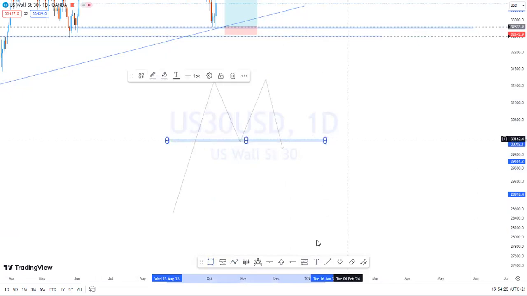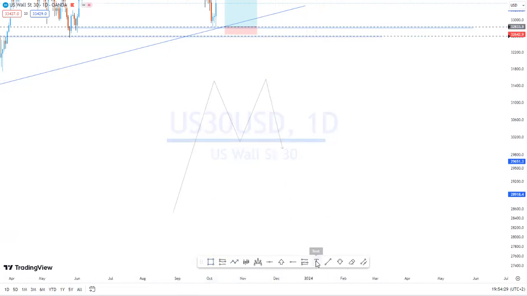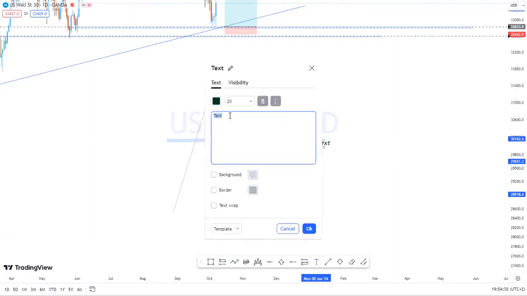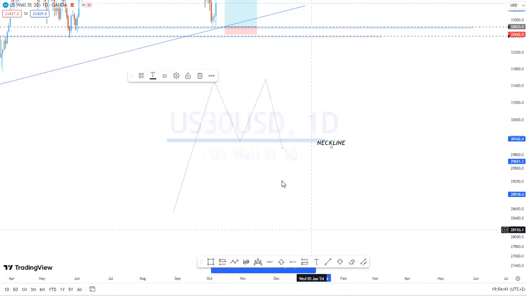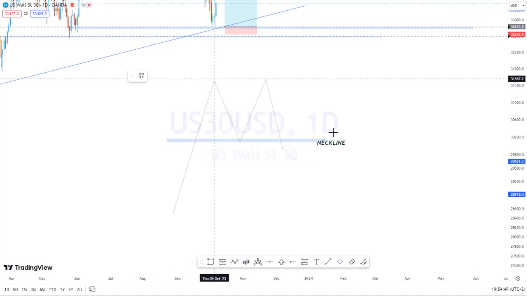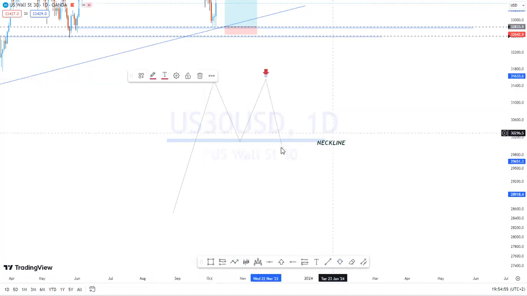You find that this is what's called your neckline. Eventually, once the market respects this zone that was once there, it respects these two zones.